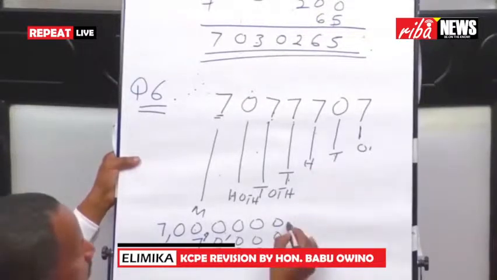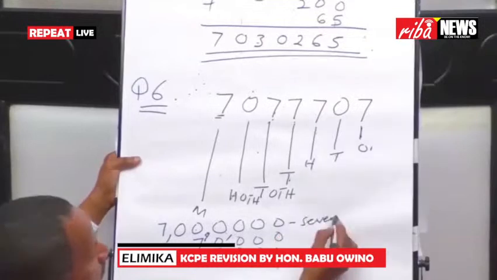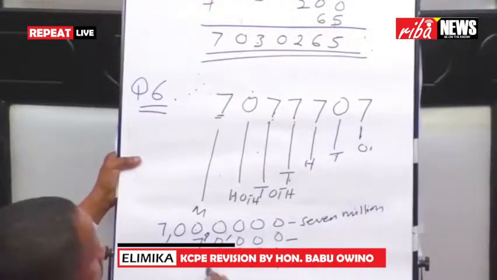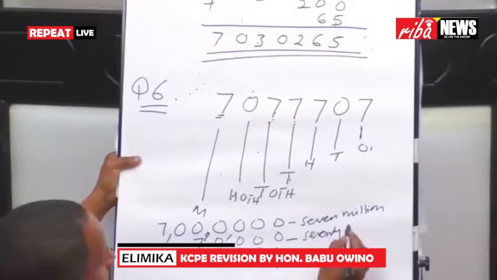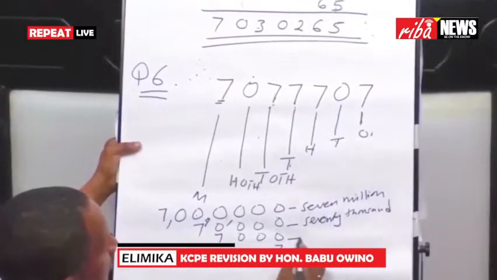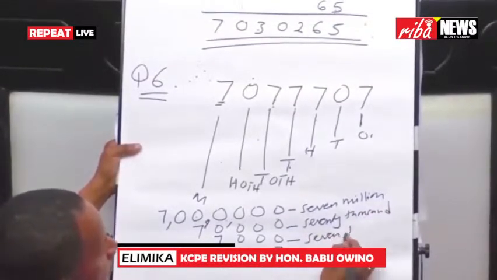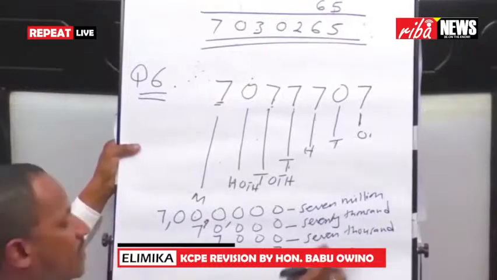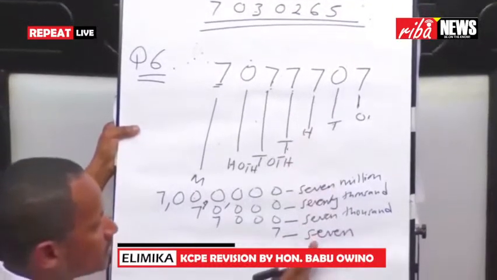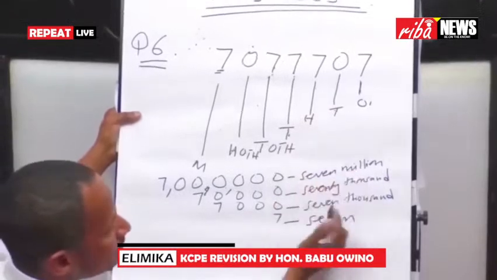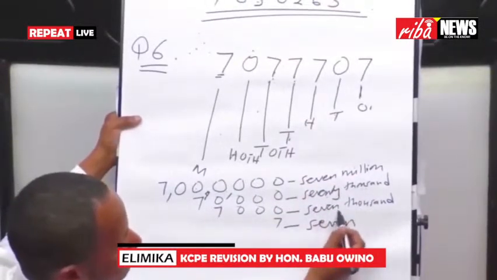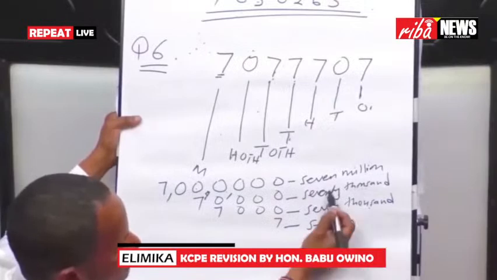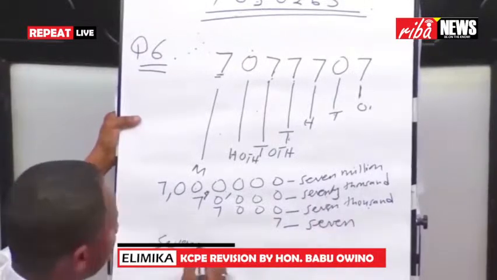So just write it down: 7 million. Then the next one is 70,000. Then the next is 7,000. The next is 7. So combine this, because you've been given in numbers, combine in words. So it is 7 million, then we have 70,000, then 7,000.